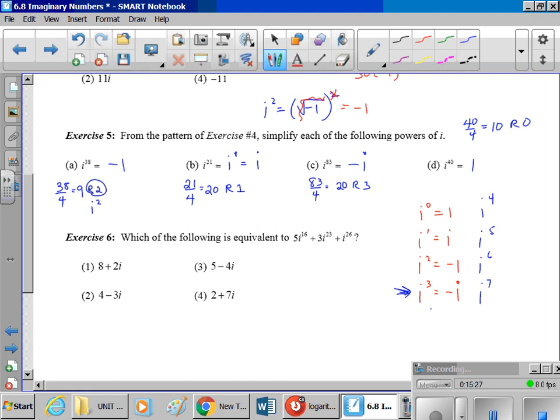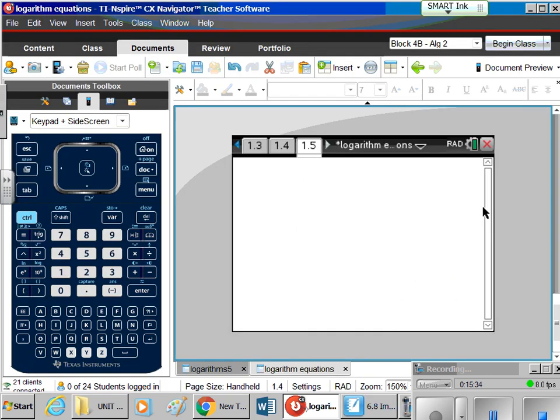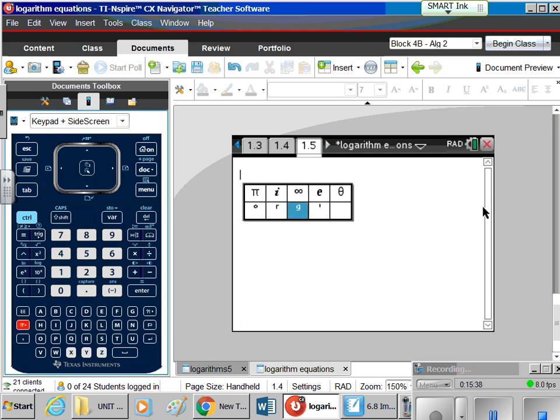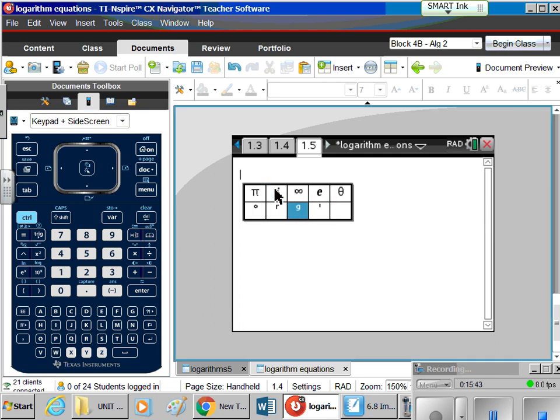Now, if you didn't get that whole thing, believe me, you can use your calculator. So let me just show you quickly on your calculator, down here at the bottom where the pi is, hit that pi. Mine's having a little bit of an attack here. And right next to the pi is the i.